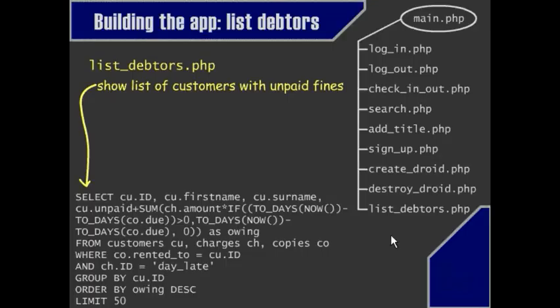This is not something that we wish to do. So we have to use the if function to discriminate between late videos and early videos. So with this query, we are able to access the information within the list debtors script.